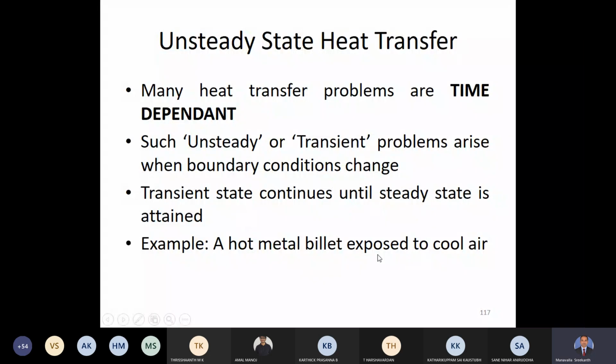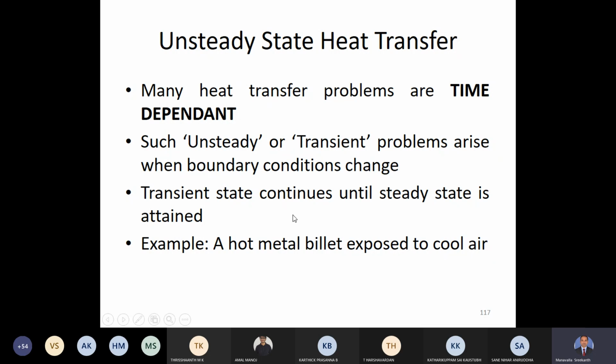For example, a hot metal billet exposed to cool air. This is a typical example. You have hot metal billets cast in a furnace, let us say in an extrusion plant, and then you leave them in open air to cool. If it is an aluminum billet, the molten aluminum is at 650 degrees Celsius, the billet temperature could be about 250 to 300 degrees Celsius, and the ambient air is at 30 degrees Celsius.